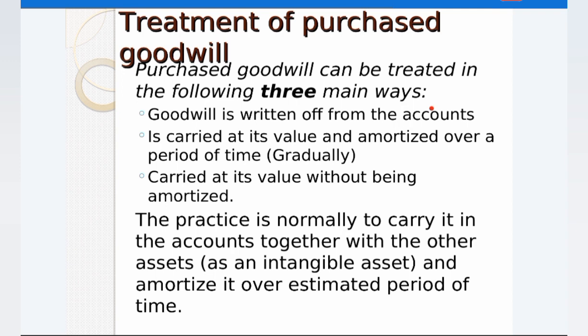And the period will be determined by the organization or by whichever method that the organization may deem fit. So, depending on what period they come up with, goodwill will be written off within that period. Or number three, we can carry it without amortizing.